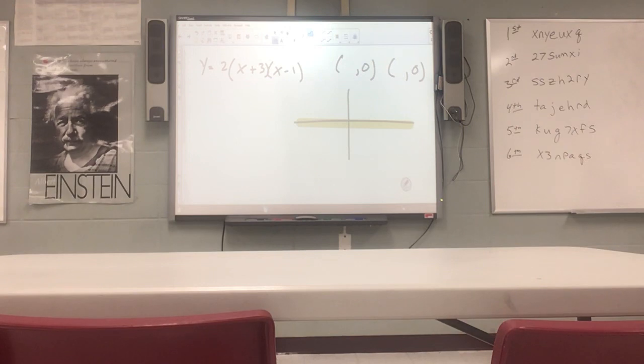Okay, our first intercept, opposite sign here, so what's it going to be? -3, very good. Our second intercept, opposite sign here, what's it going to be? 1. So if I plot both of those now, this first one I would go left 3 and up 0.